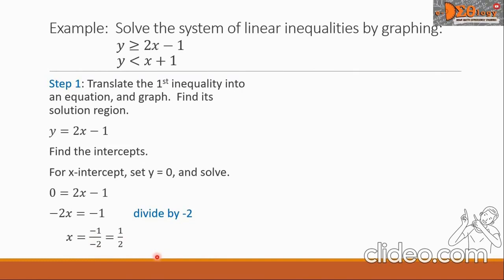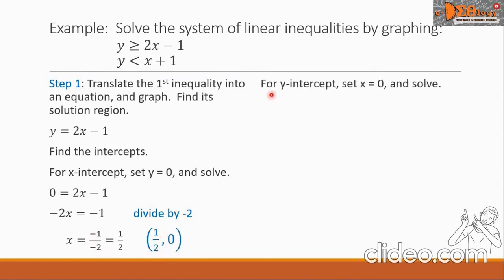Now let us write the x-intercept as an ordered pair. So we have (1/2, 0). Next, let us solve for the y-intercept by setting x equals 0 and solve. So this equation now becomes y equals 2 times 0 minus 1.